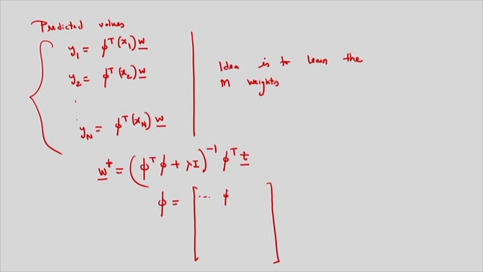So it is phi transpose x1, phi transpose x2, like this, phi transpose xn. So this is n into m plus 1. So we can determine the predicted value like this, and this is nothing but the optimal weight vector.